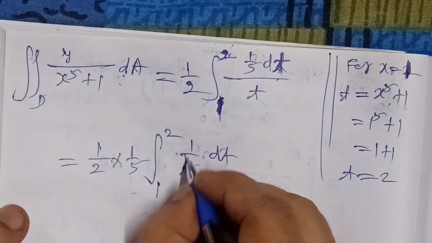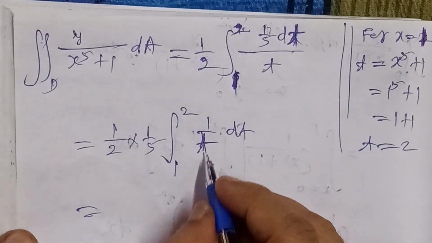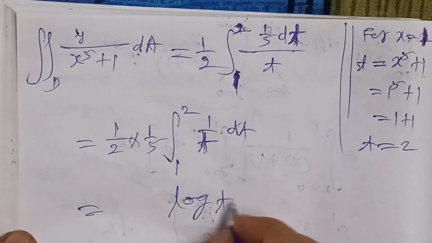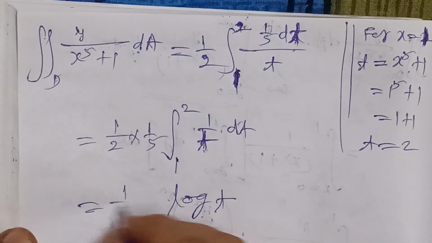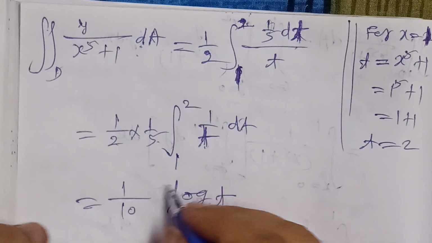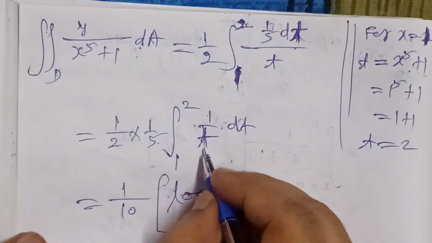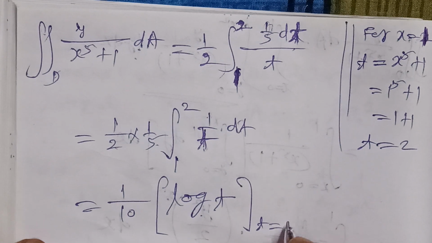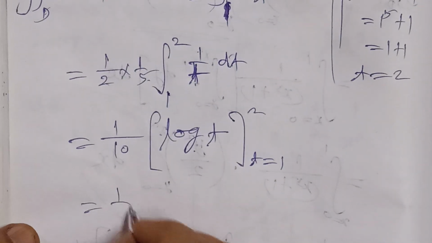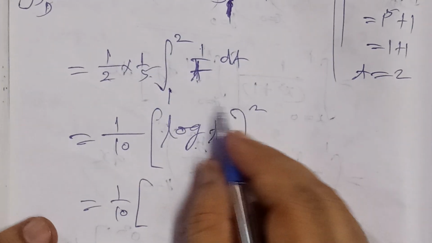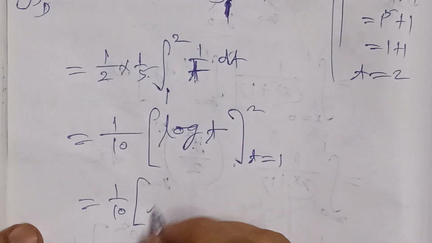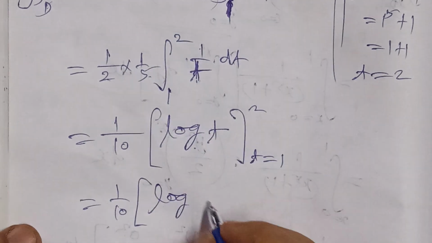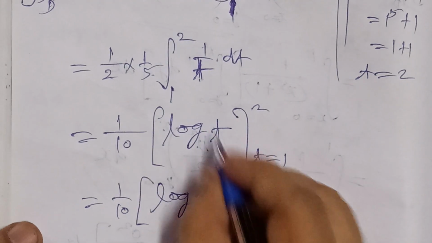We know that integration of 1 upon t is equal to log t. Here, 1 into 2 is 2, or 2 into 5 is 10, and the integration of 1 upon t is log t, with limits 1 to 2. Now apply the upper limit first: put t is equal to 2, upper limit minus lower limit.